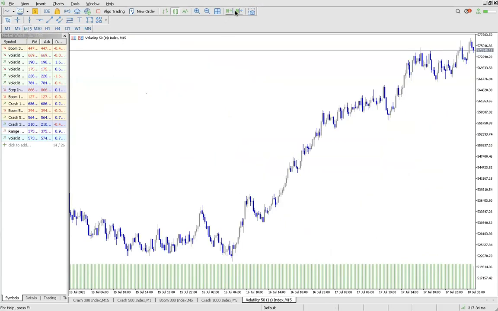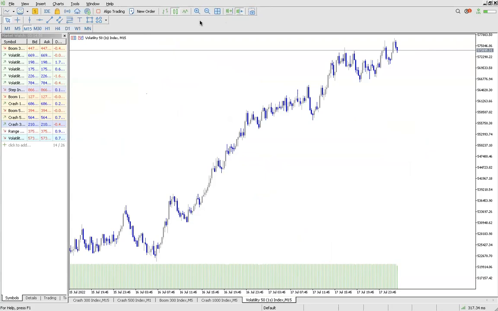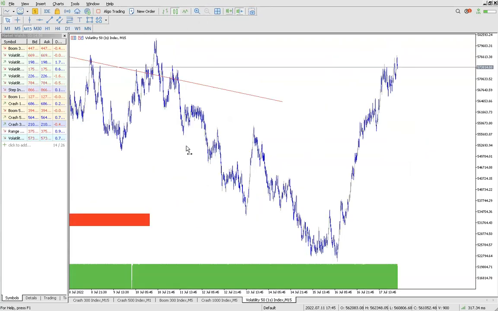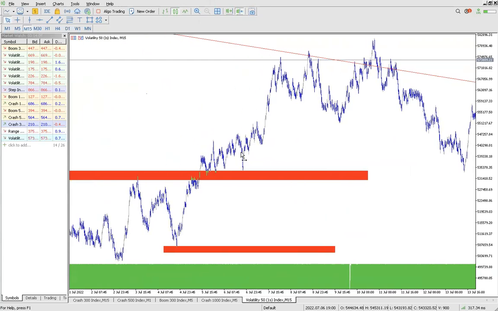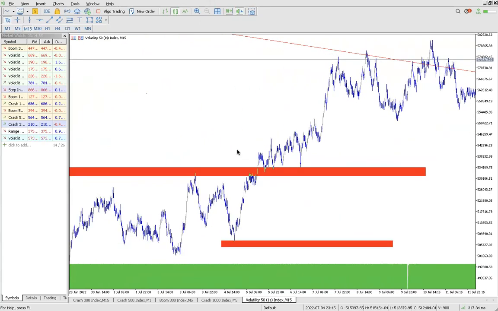I take entries in M15. So I would come to my M15 and check where my entry was. My entry is here, right?